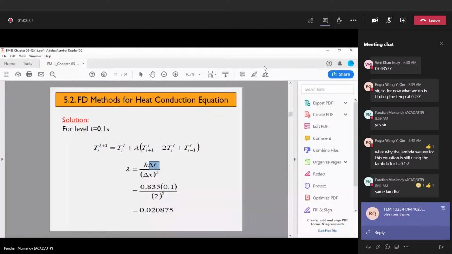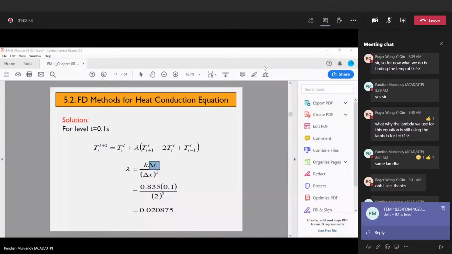Lambda depends on del T. Good question, Roger. Lambda depends on del T, so your del T is fixed, 0.1.